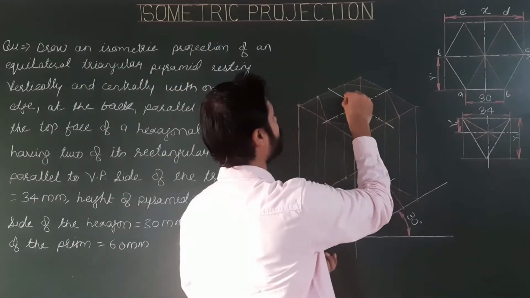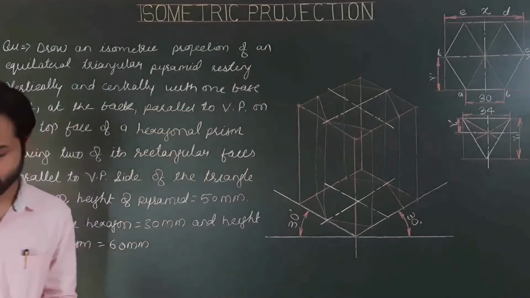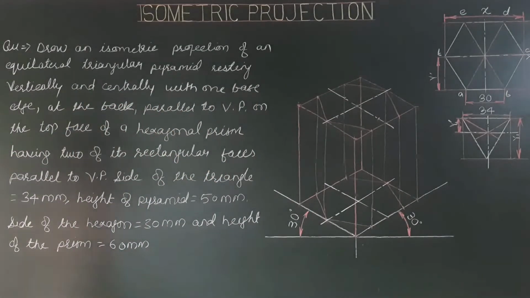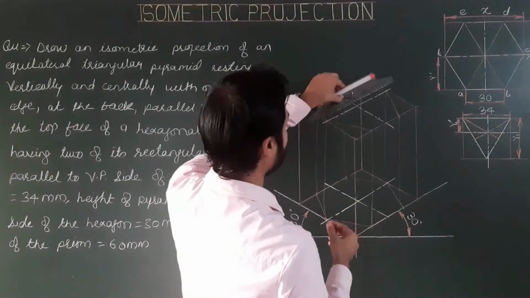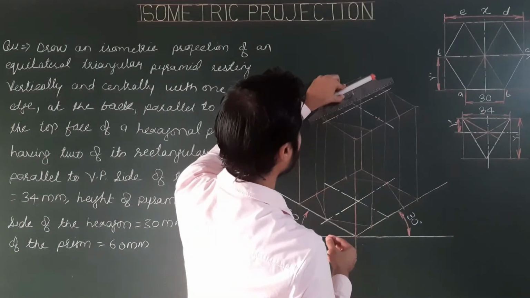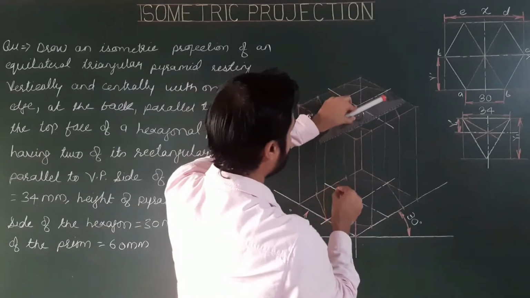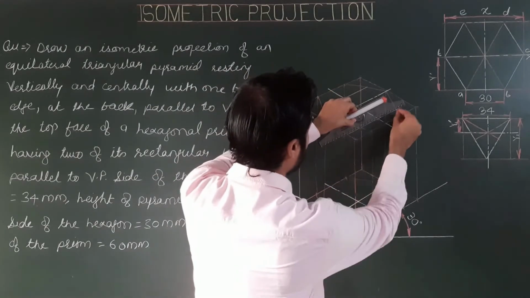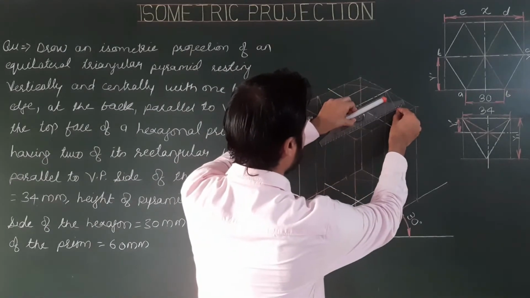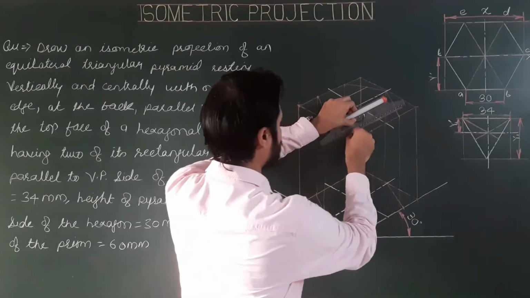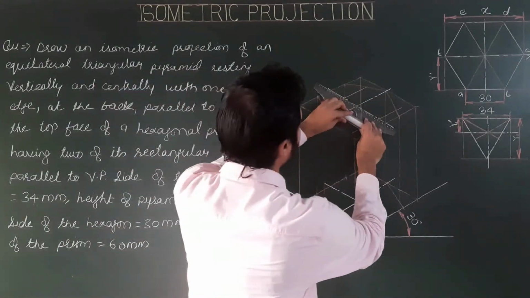Now we have all four limits or ends of the helping figure of triangular base, drawing lines parallel to first and second iso axis or parallel to first and second center line from these points.